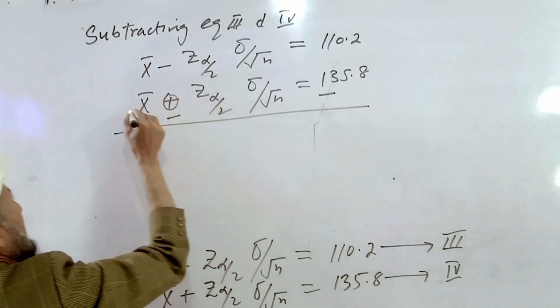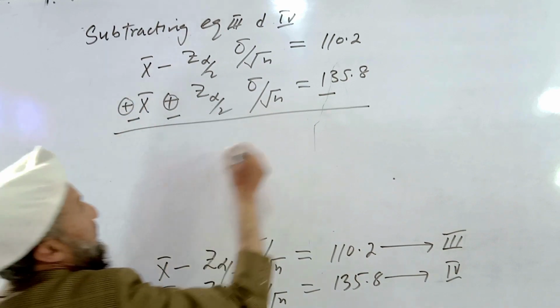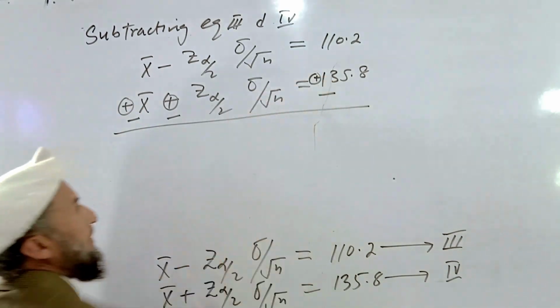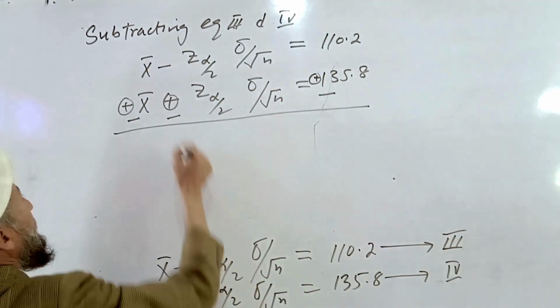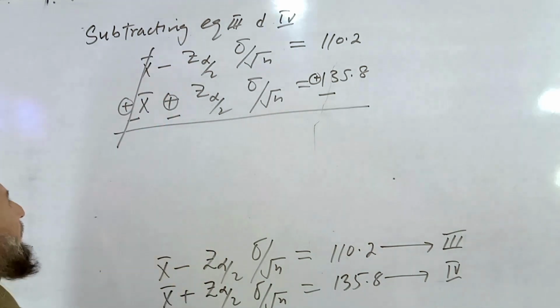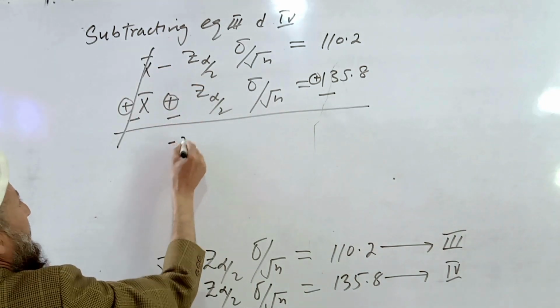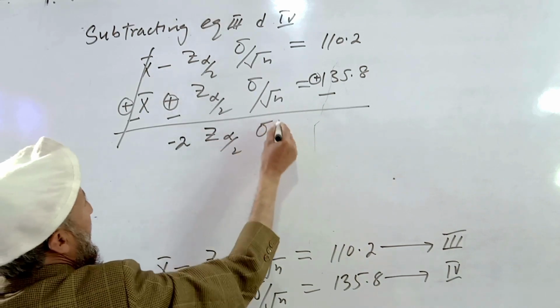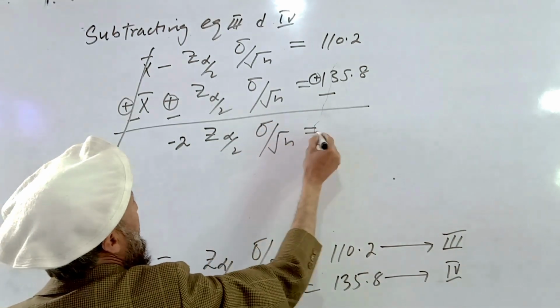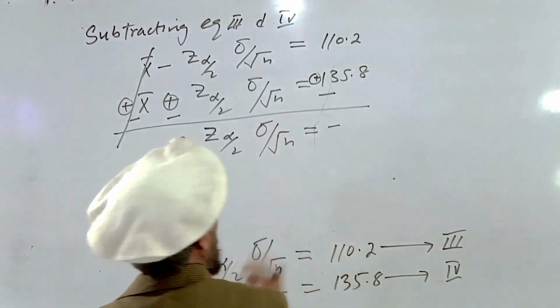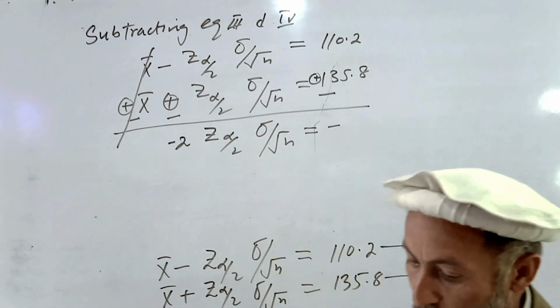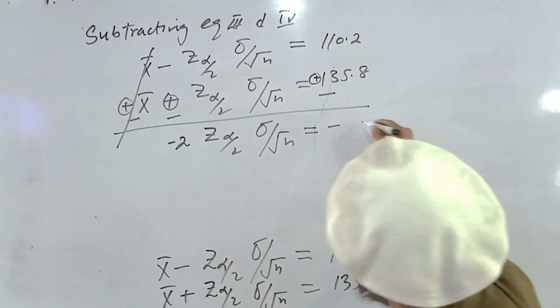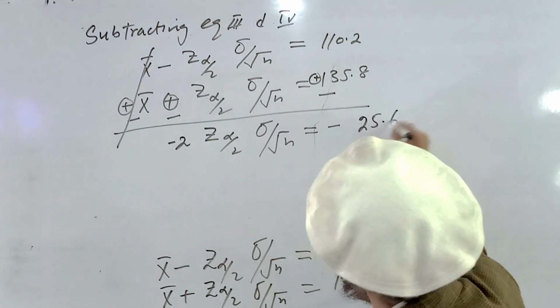This sign changes, here it is positive, this sign also changes, here it is plus. So the x bar terms cancel, and minus 1 minus 1 gives minus 2 z alpha by 2 sigma root n. On the right, subtracting 135.8 from 110.2, the result is minus 25.6.